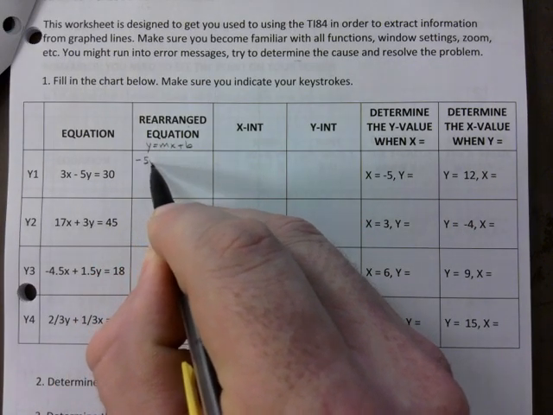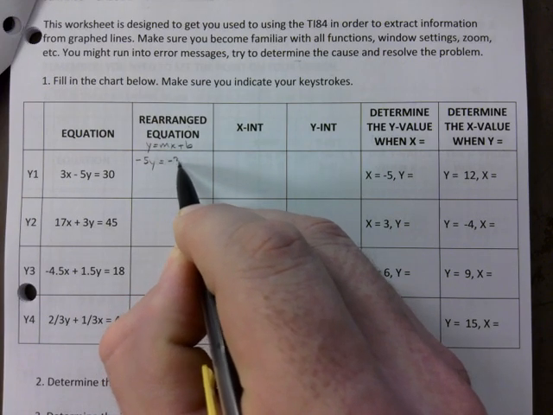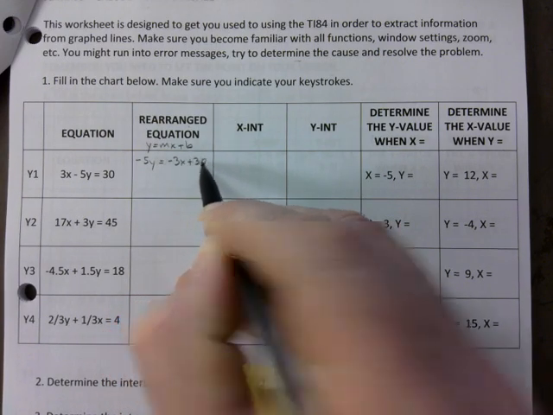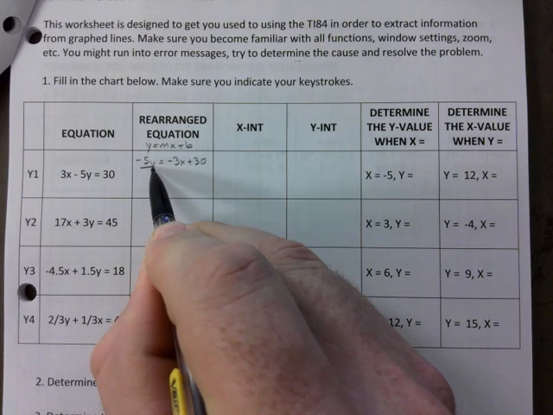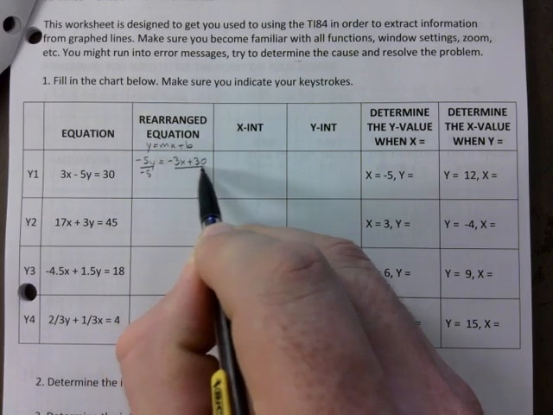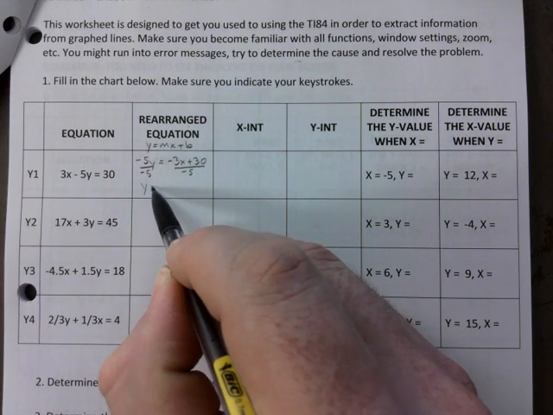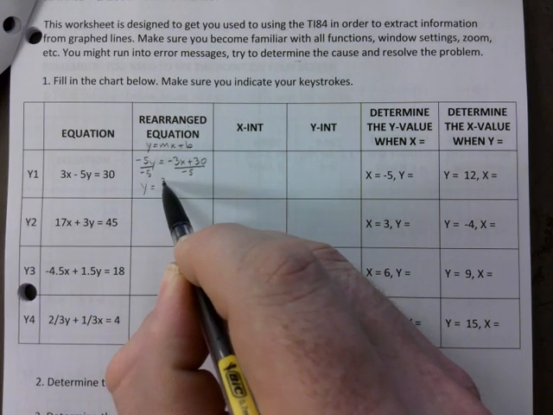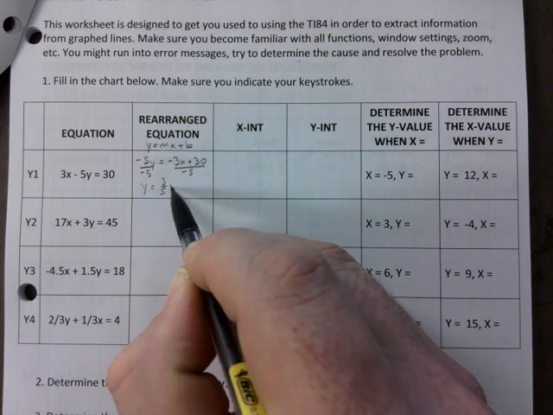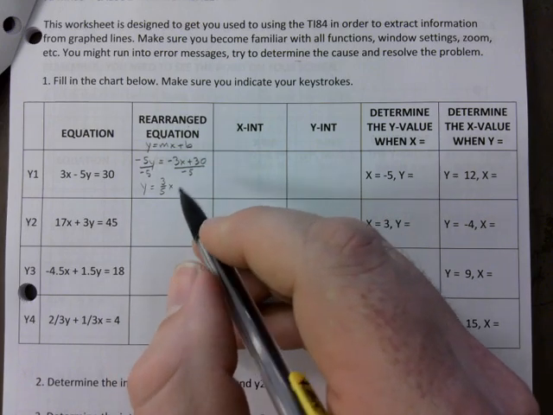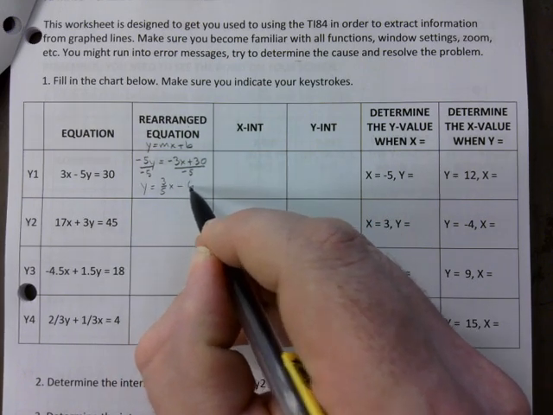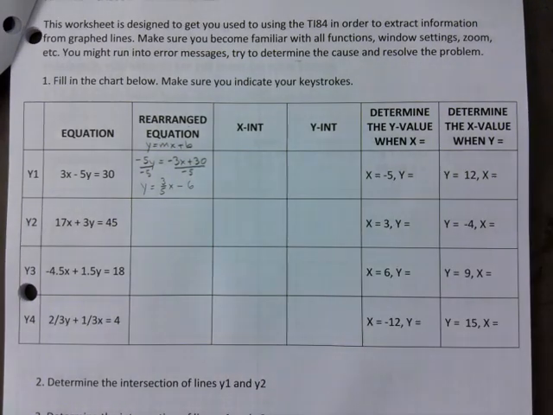Negative 5y is equal to negative 3x plus 30. Divide everything by negative 5. And then y is equal to 3 over 5x minus 6, because the 30 gets divided by negative 5, right?